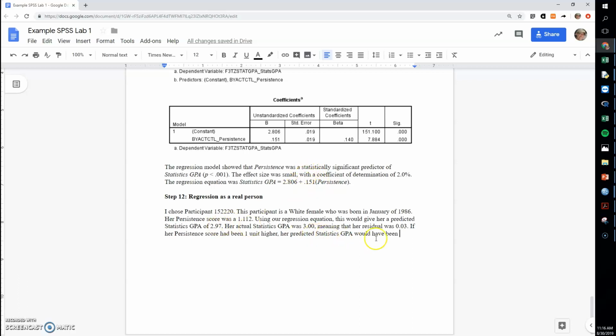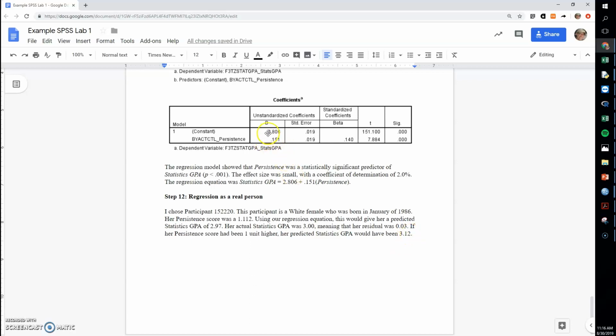The predicted value I know was 2.97. It's going to go up by this amount. You can either add this slope amount to your original prediction, or you can raise this by 1 and put it into the equation. They should give you the same answer. In my case, it's going to be a GPA of 3.12.